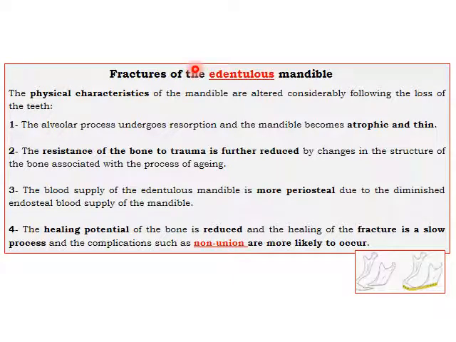You know the mandible has the inferior dental artery and vein, which is the main supply when one is a young adult or still young, but when one gets older this supply becomes diminished, so there is more reliance on the periosteum covering the bone. Damage to that part, or to the periosteum or the soft tissue covering the bone, is going to compromise the healing of the mandibular fracture in the edentulous patient.